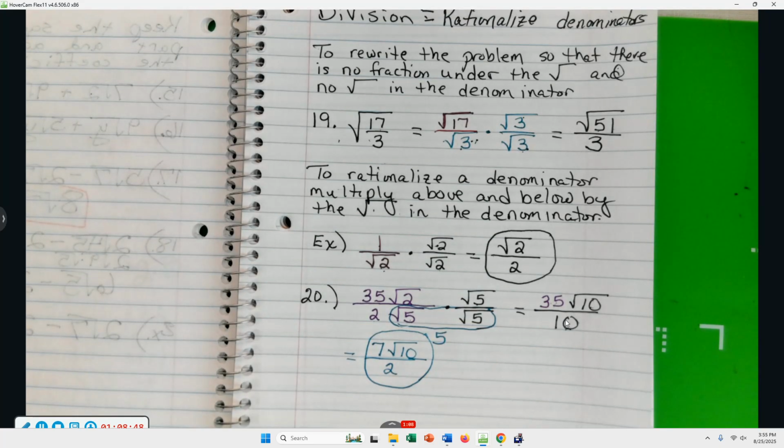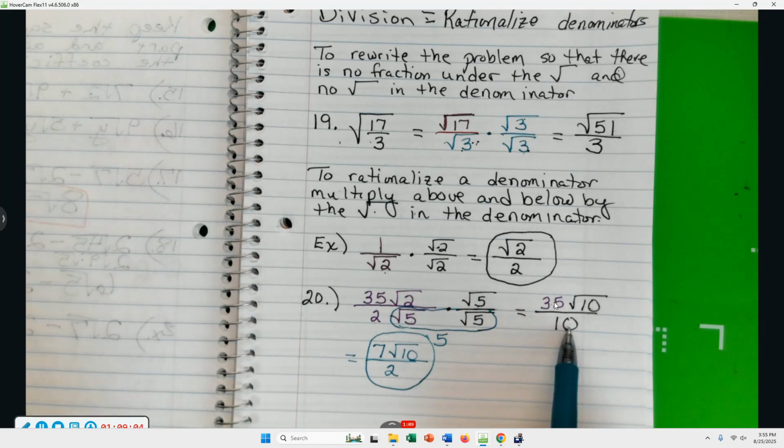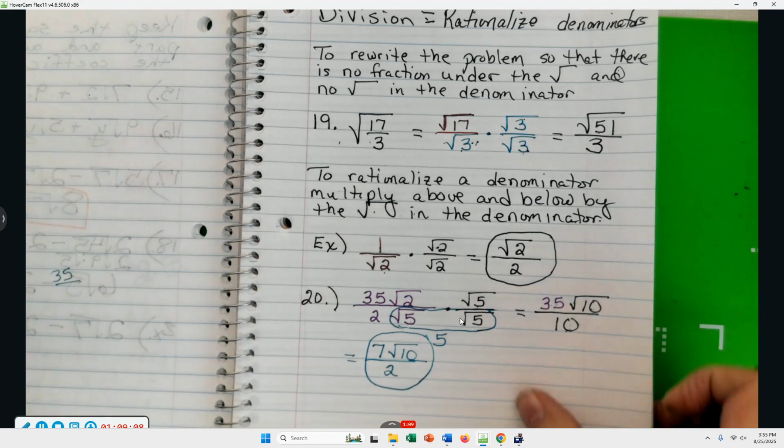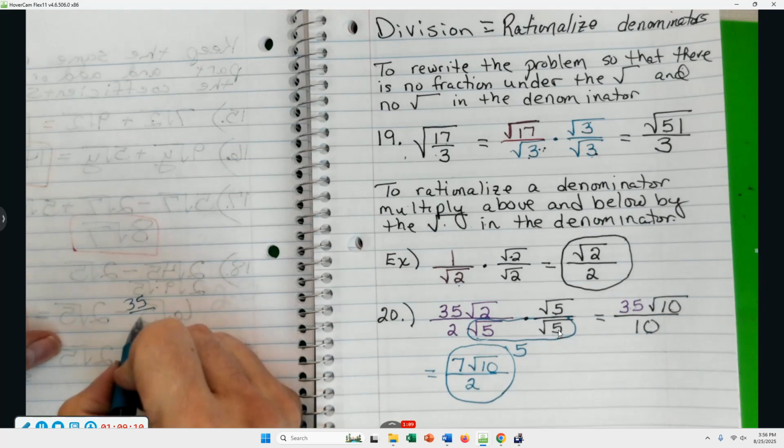The 35 over 10 is the same thing as the fraction 7 over 2. But you cannot cancel that 2. You can't say 10 divided by 2 is 5. It's tempting, but you can't. Where's the 7 from? 35 over 10. Write it over on your scratch paper. Okay. 35 over 10.